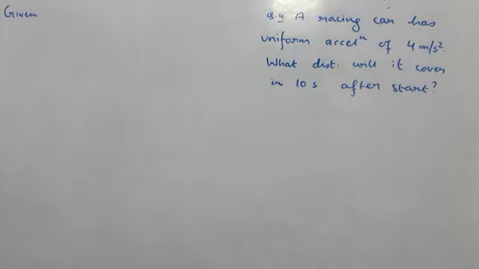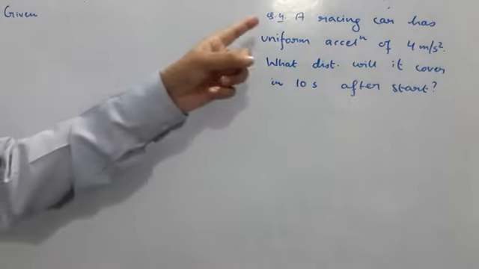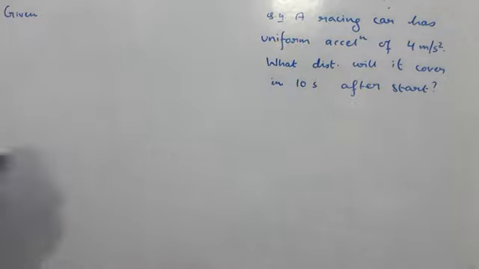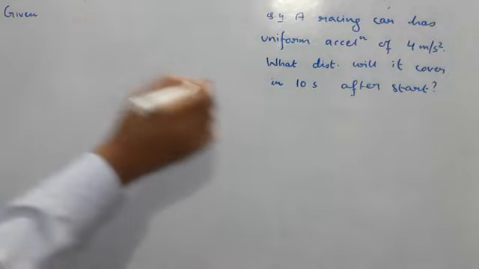This is the fourth question. The question is this, that a racing car has uniform acceleration of 4 meters per second square. What distance will it cover in 10 seconds after start? See, in the beginning, students, for solving such numericals, please note down the important things that are given in the question.